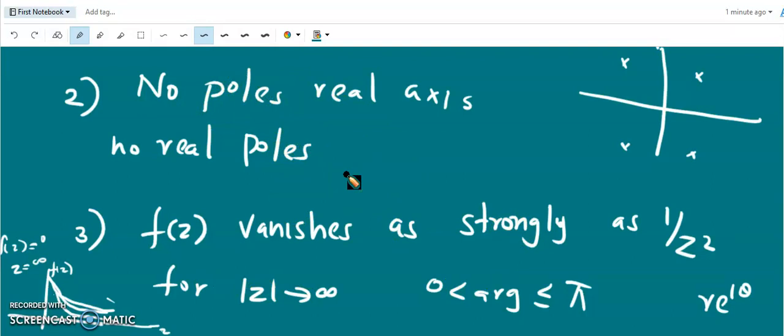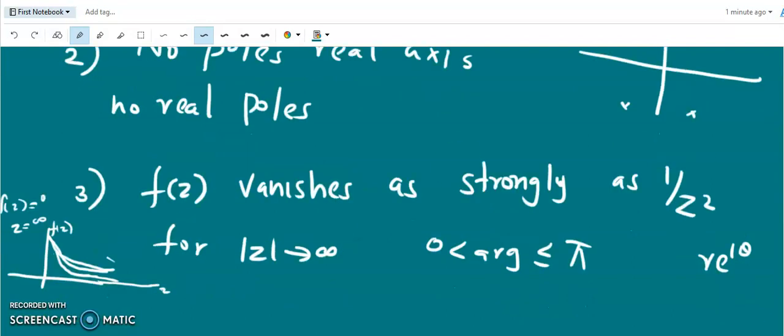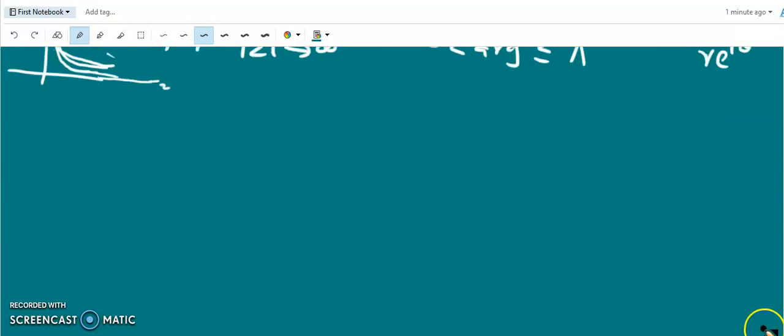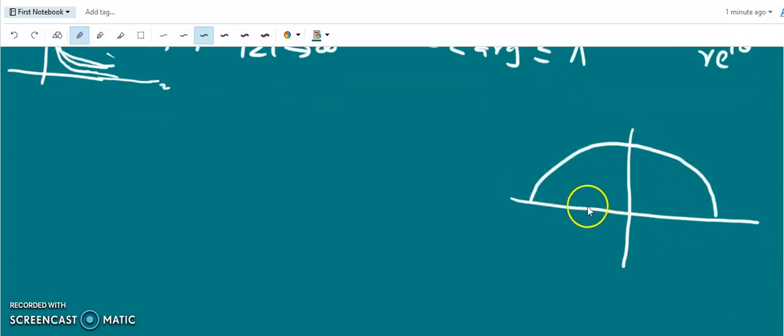So with those conditions, we may take as a contour of integration the real axis and the semicircle in the upper half plane. So if these three conditions are satisfied, we may take the contour of integration as the real axis and a semicircle in the upper half plane.